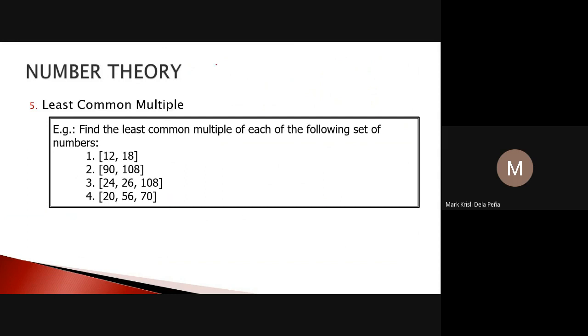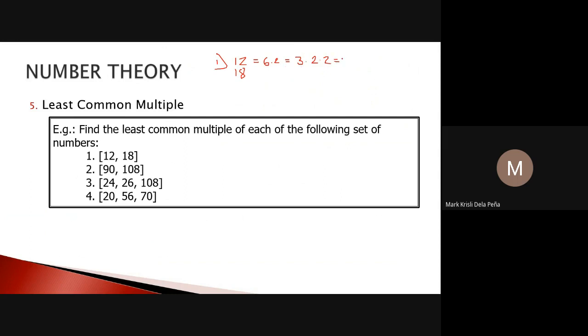So let's start with number 1. 12 and 18. What are the factors of 12? We can say that's 6 and 2, but we can get the prime factors of 6, and that is 3 times 2, multiplied by 2. So that's 3 times 2 times 2.